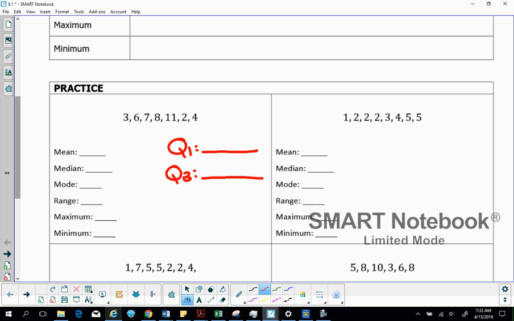I'll give you one. You should already have those numbers typed in. And remember, it's important to not go too fast because if you skip one, then the answer is all going to be wrong.